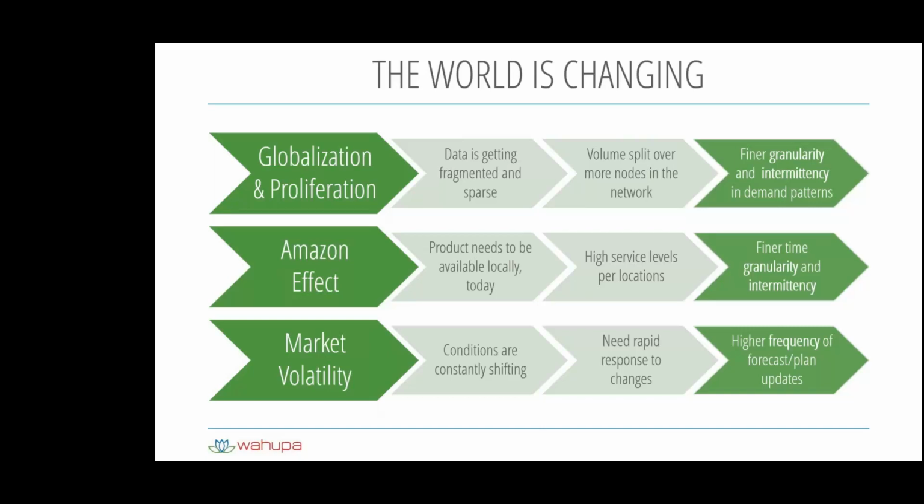All of these combine to basically require our demand plans to be in a finer granularity and a higher frequency. And an immediate consequence of that is that demand patterns that used to be smooth become highly intermittent. And all the traditional approaches to that don't like intermittency.